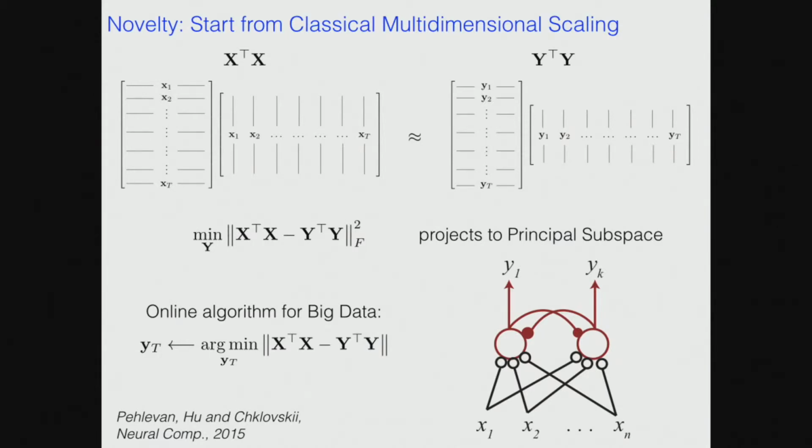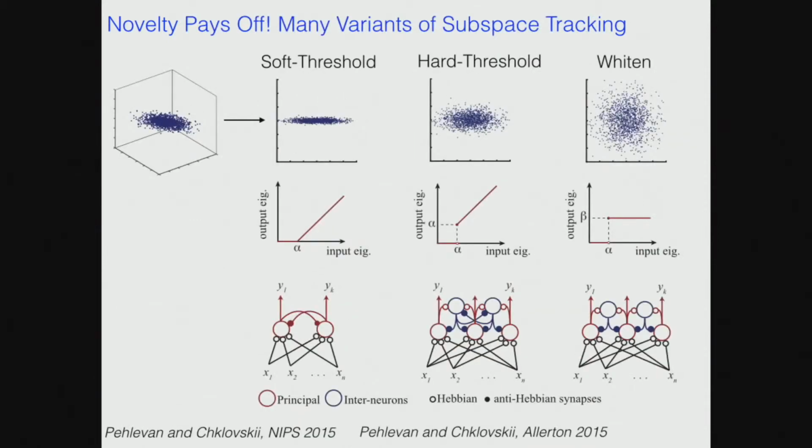So you might say, okay, it's another online PCA algorithm, why should I care about that? Well, it turns out that this framework is generalizable to many other things. One of them is the following. You can get many variants of subspace tracking. So for example, you might take your data and want to shrink variances in certain dimensions to emphasize variances in other directions.